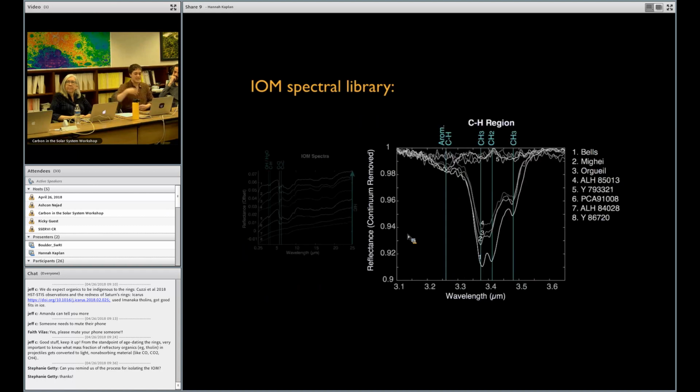We can also concentrate on that 3.4 micron spectral region again, and here are the same samples that I showed before, and you can see their order again. The strongest absorption is the one with the highest hydrogen to carbon ratio, and the bands kind of decrease from there.